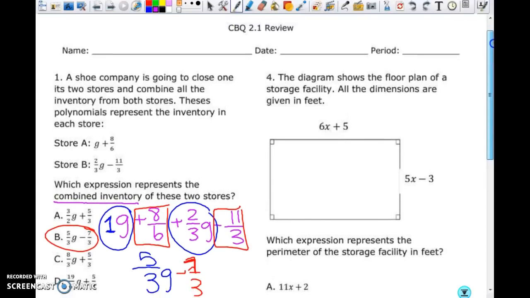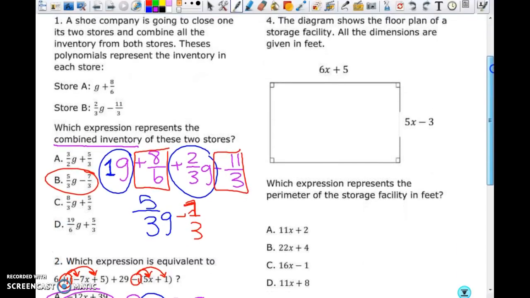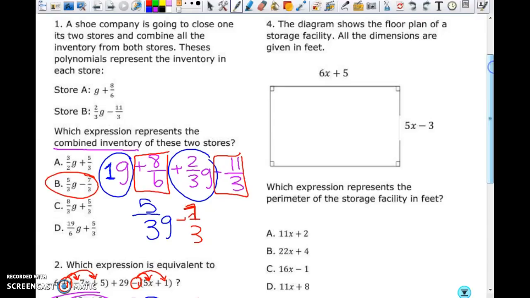Alright, so let's look at number 4. Number 4 again is a simplifying problem, except this one is asking us for the perimeter, right? The diagram shows the floor plan of a storage facility. All the dimensions are given in feet. So the length is 6x plus 5, the width is 5x minus 3. Which expression represents the perimeter of the storage facility in feet? So again, I know perimeter is adding up all my sides. However, they only gave you these 2 sides.